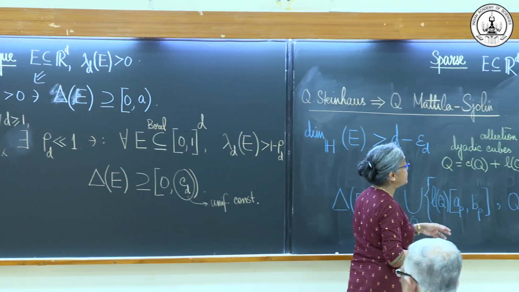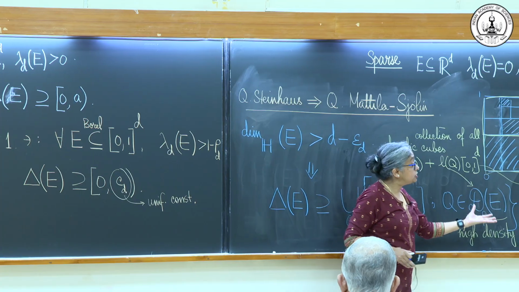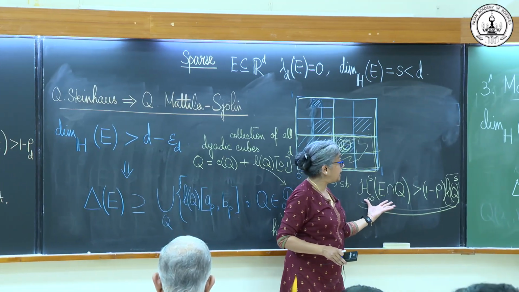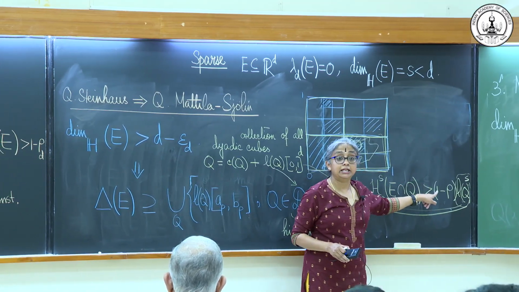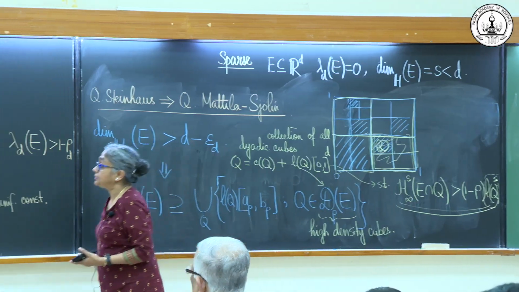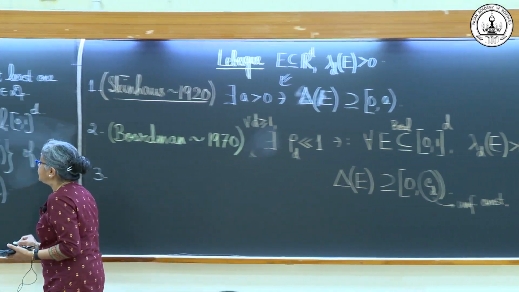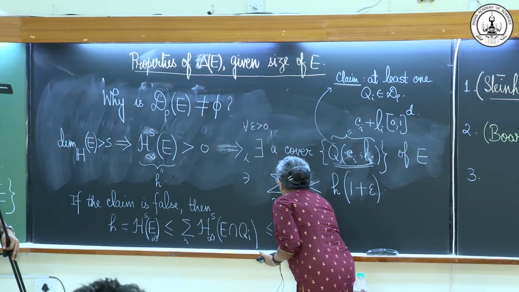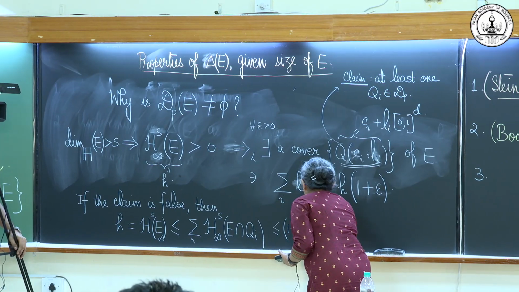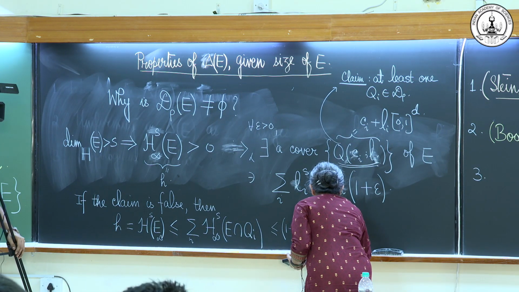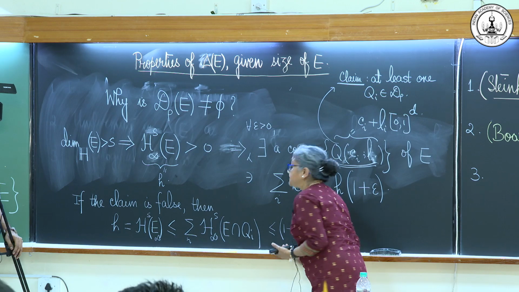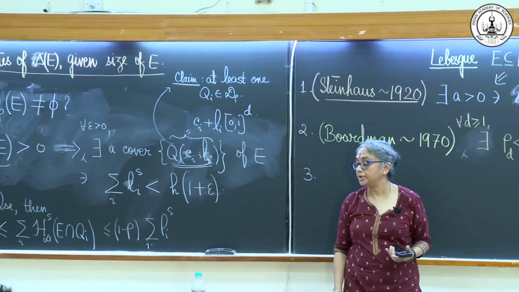If every single Qi failed to have this defining property, the opposite inequality must be true. So that means that this should be less than 1 minus rho times the sum of Li to the power of S, right?